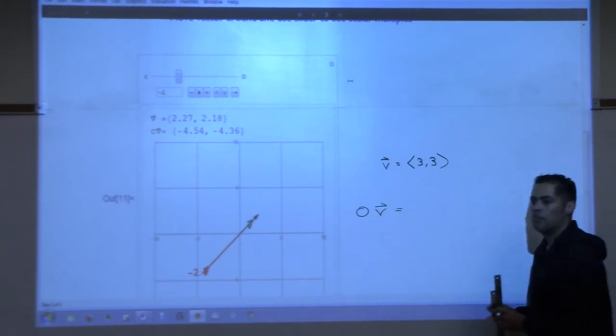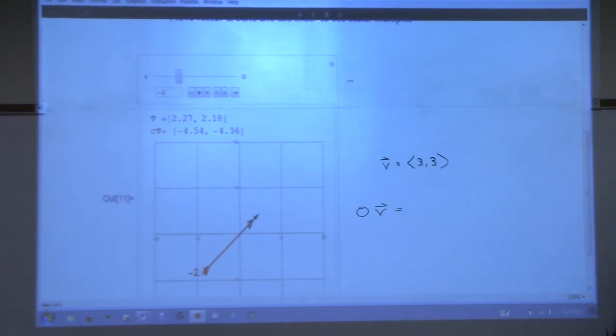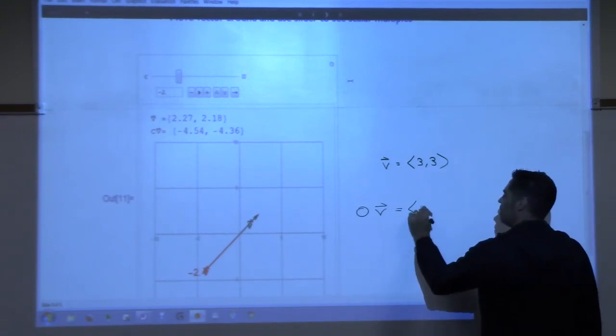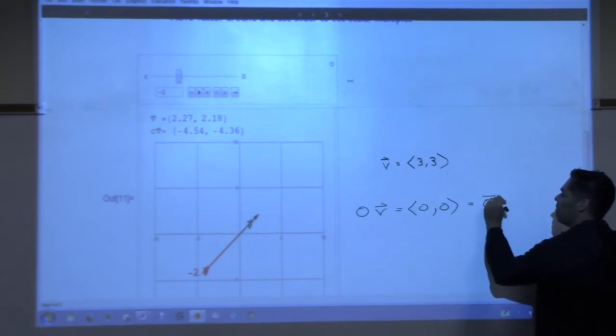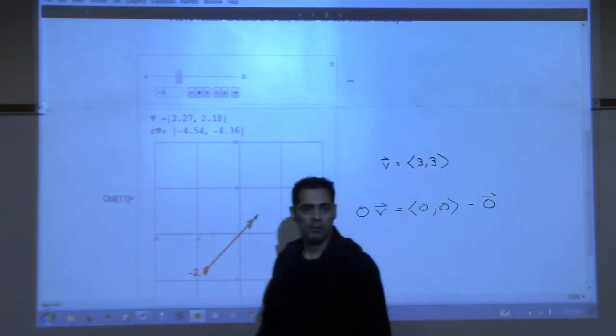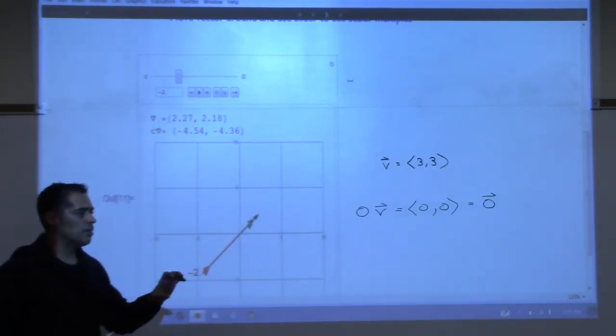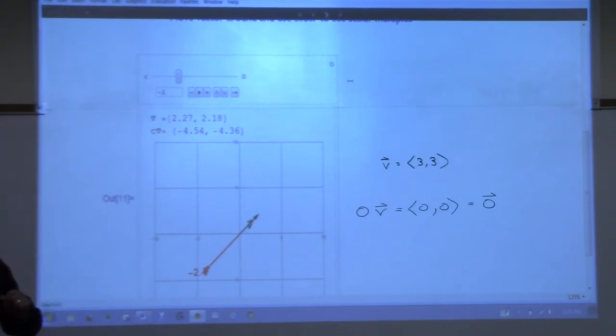The answer's got to be a vector. It's the 0 vector. This is going to be 0, 0, which is the 0 vector. So if you take a vector and do scalar multiplication times 0, you get the 0 vector.